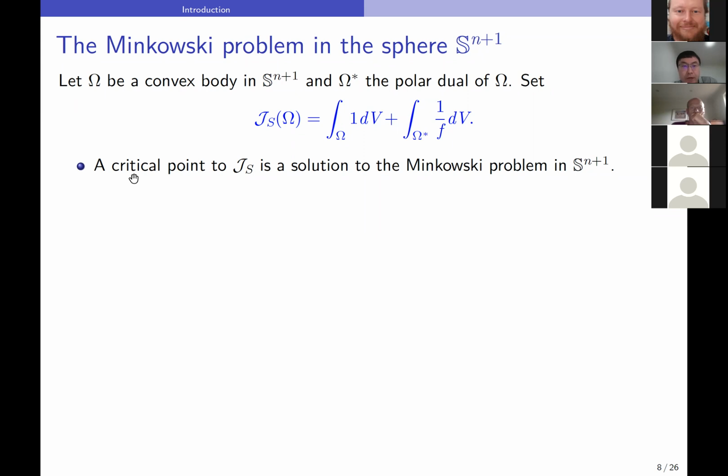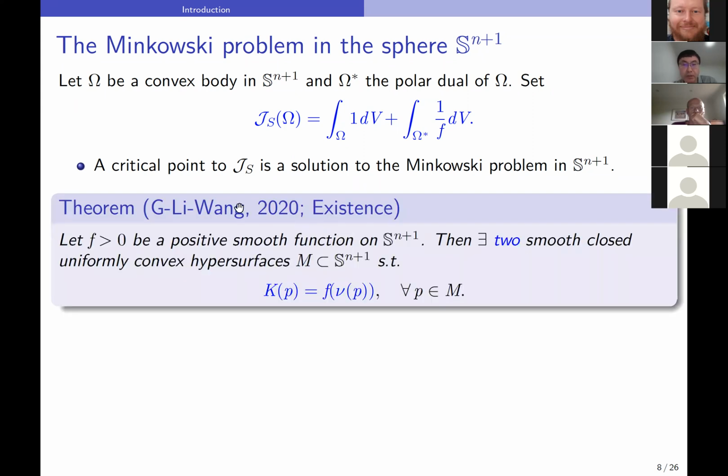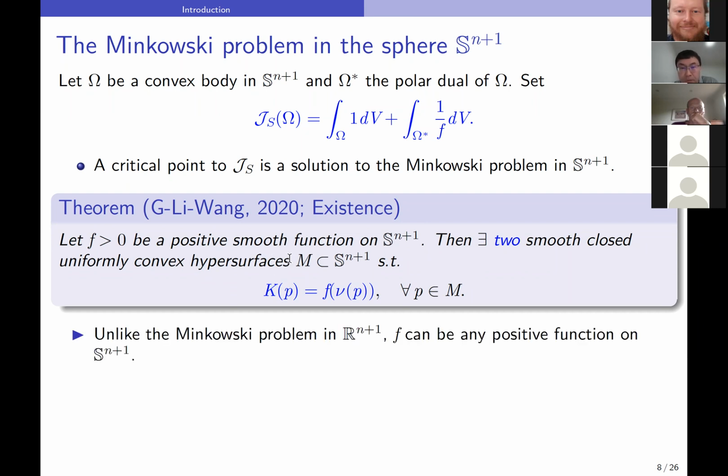You can verify that a critical point of this functional gives a solution to the Minkowski problem. Last year, together with Qiang and Qiang Guang, we showed that this Minkowski problem admits two smooth solutions for any function f. We also used the flow method and some min-max arguments to prove the existence.